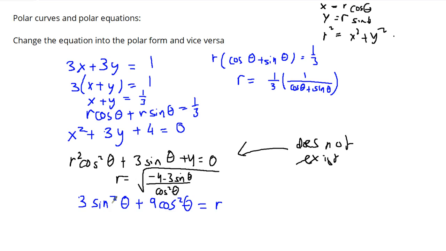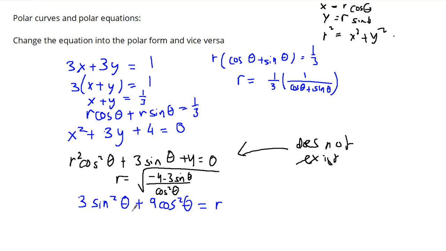You would divide this by r. Okay, so it's sine squared theta. If you have this sine squared theta, this is a 3 sine theta, but it doesn't actually go anywhere when we're talking in terms of r. You could do theta is equal to tan inverse of y over x.